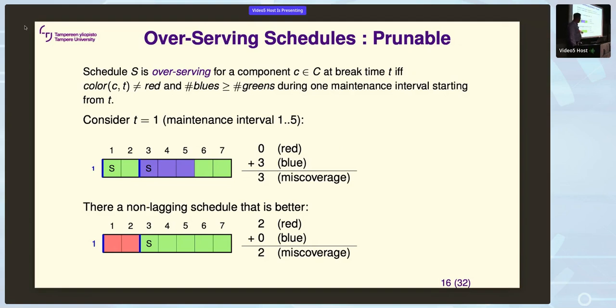And instead we win when we change 3 blue boxes to green ones. And in this case, the schedule is called overserving schedule.